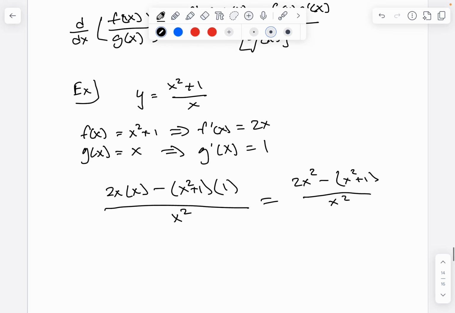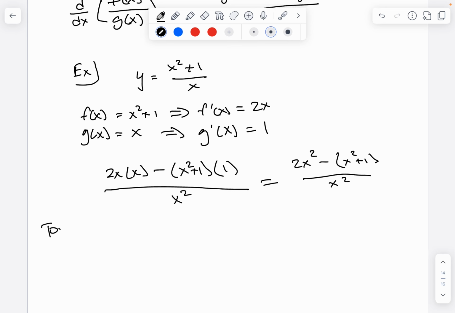And we can rewrite the top portion. So this is the top. 2x squared minus (x squared plus 1) is the same thing as 2x squared minus x squared minus 1, which is just x squared minus 1.